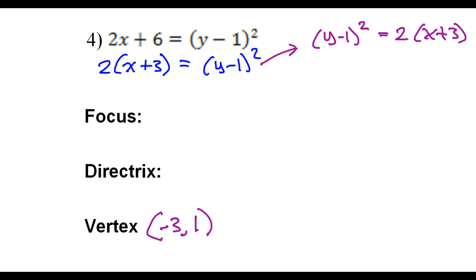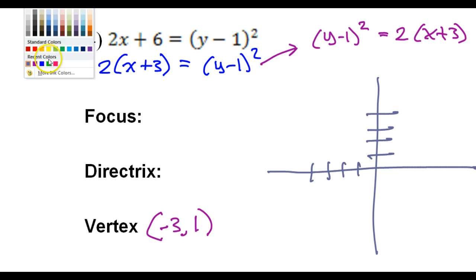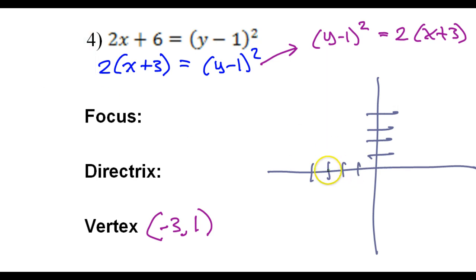So we might as well go on and graph that. Okay, so I've got negative 3 comma 1. So the point negative 3 comma 1 is right there. So there's my vertex.